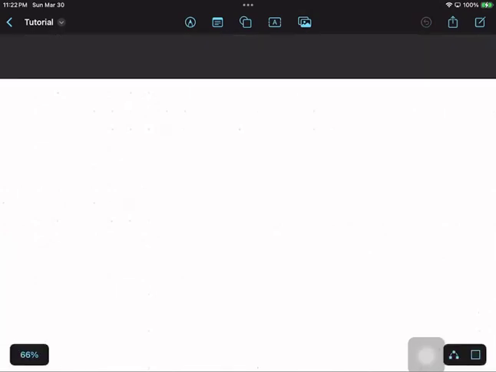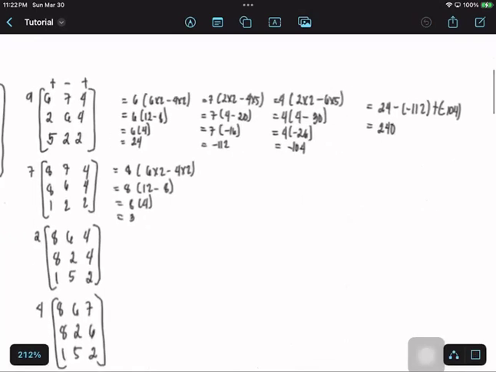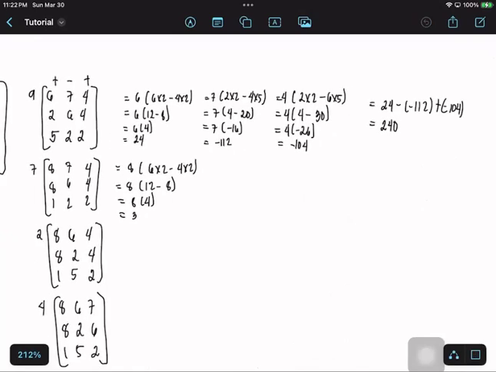Right? So for this one right now, in your next position, you will continue for the 7. Okay, so the cofactor of your 7 is 8 times 2 minus 4 times 1. Basically 16 minus 4, that is 12.